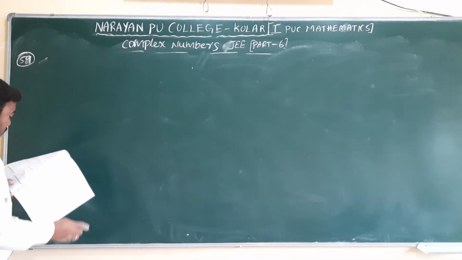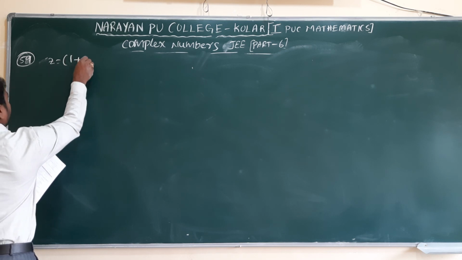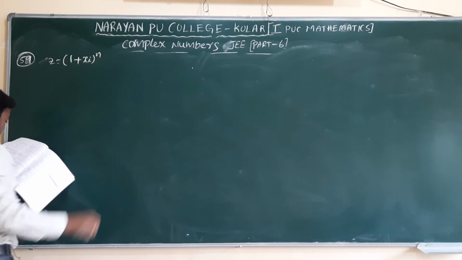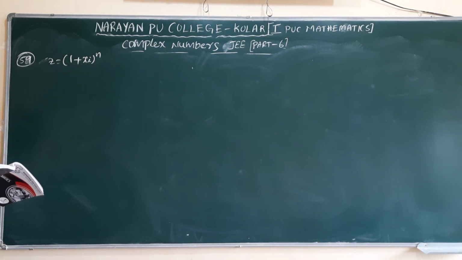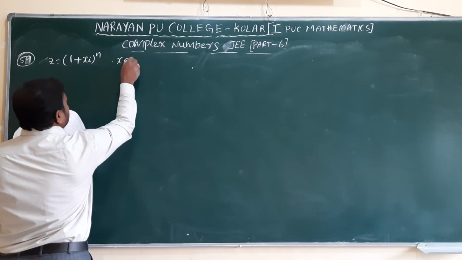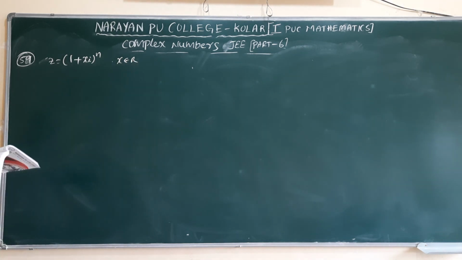If z is equal to (1 + xi)^n is a complex number such that its real and imaginary parts are equal, where x belongs to R and n belongs to positive integers, then the possible values of x are?